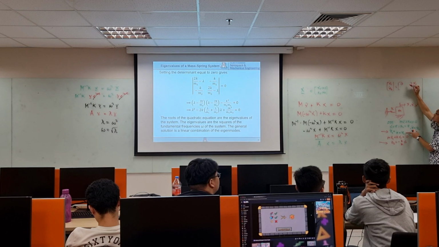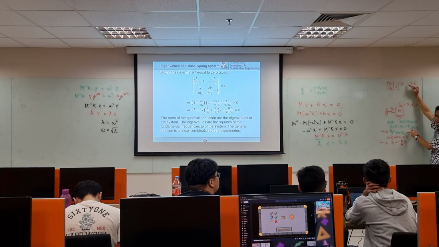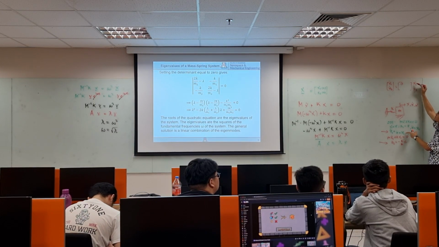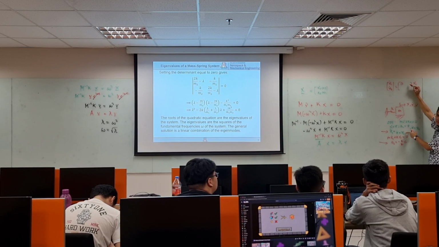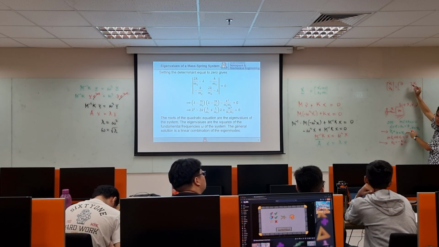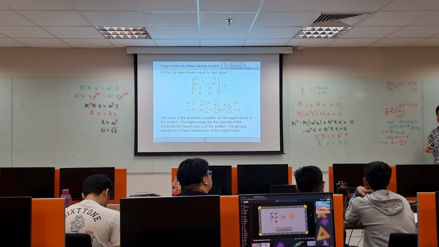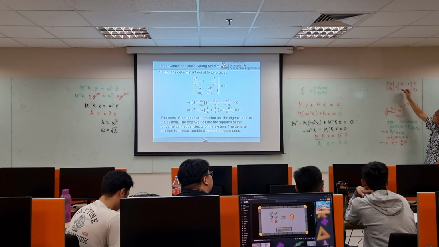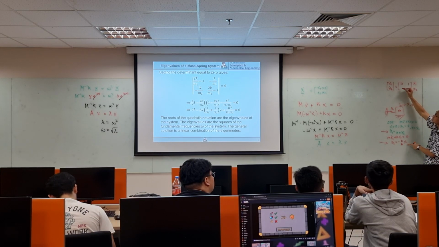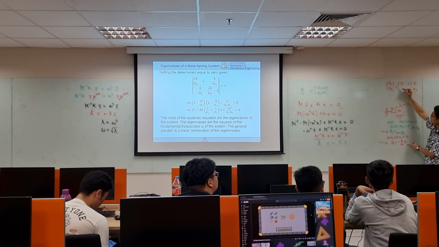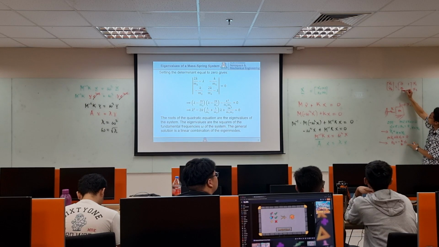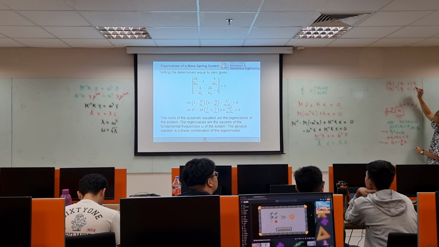I'm using this equation. x1 dot is equal to 0 times x1 plus 1 times x2. What about x2 dot? Minus k over m. Oh yeah, it's here. Sorry, just now I made a mistake. And then it's 0. So like that.